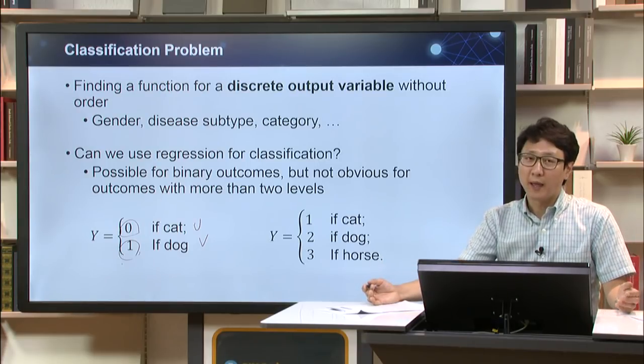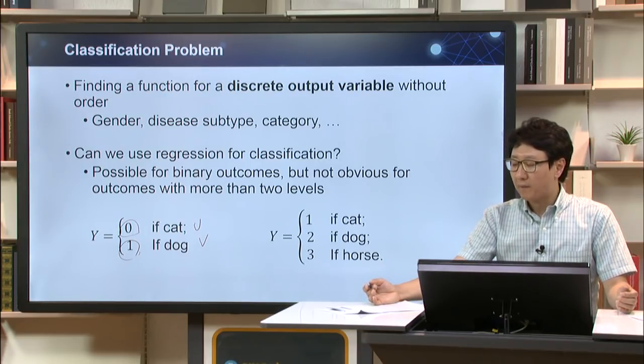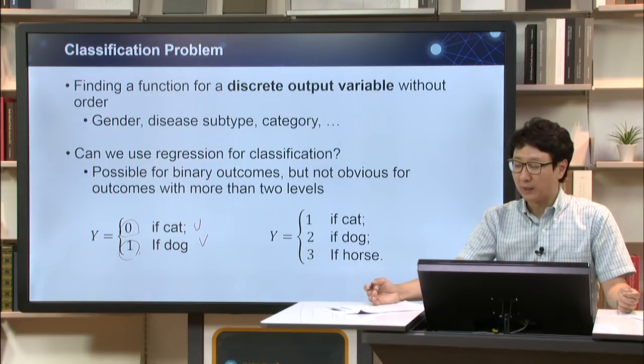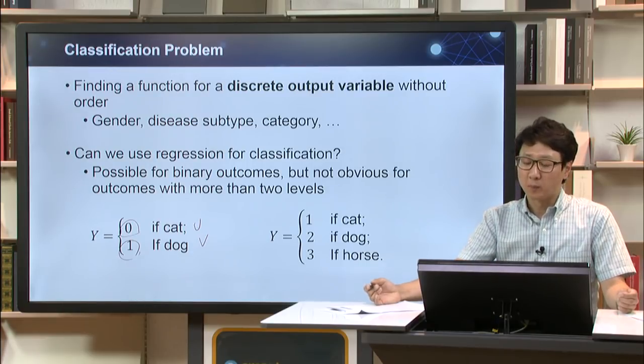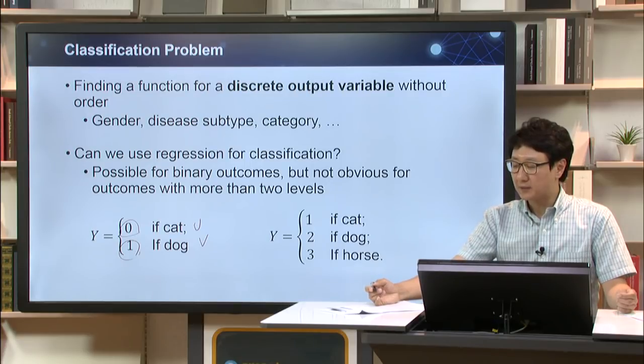Actually, you can use any other numbers for the encoding. Definitely, there's no fundamental difference. However, if there are more than 2 levels, like 3 levels, it's not that obvious.